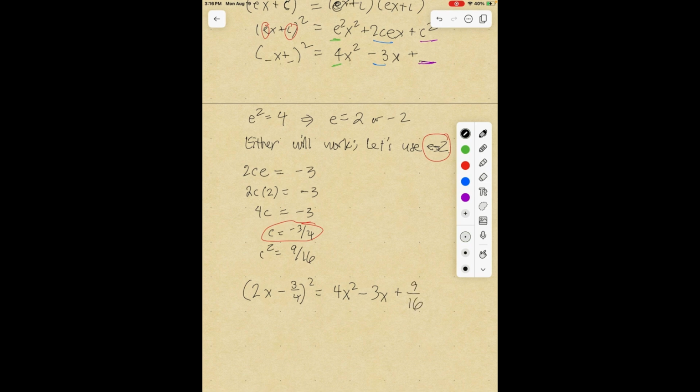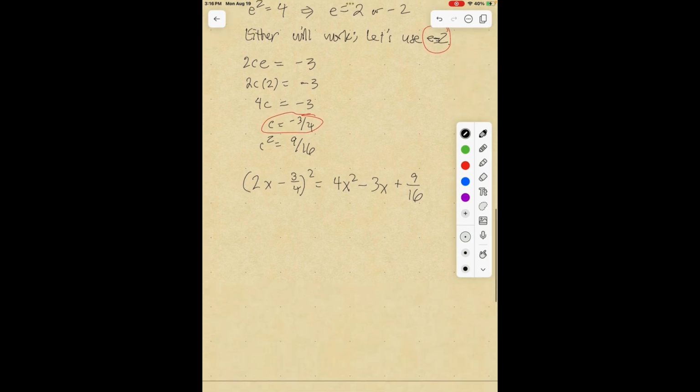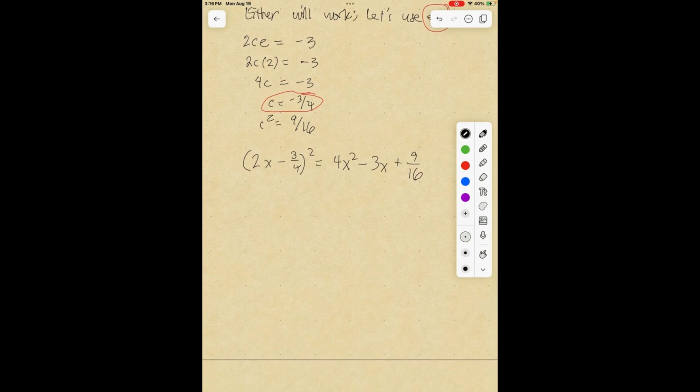And if you distribute this across, you'll see that this is in fact true, right? So we just discovered that if you start off with 4x squared minus 3x and then add 9/16, that factors into this perfect square. So that's completing the square.